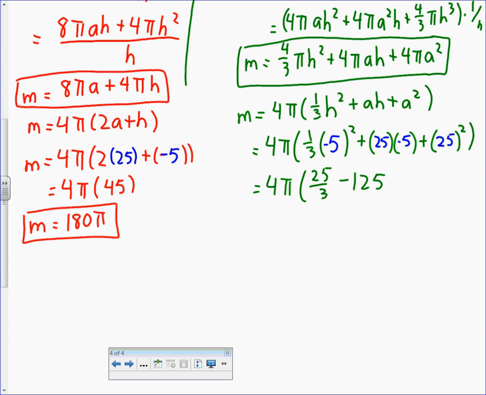Minus 125 plus 625. So that turns to 4 pi. Oh boy. Somebody want to save me here? 1875 minus 375 is 1500. 1525 over 3. Somebody want to save me there? Is that right? I hope. Yes. Okay, so whatever that turns into, m equals 6100 pi over 3.